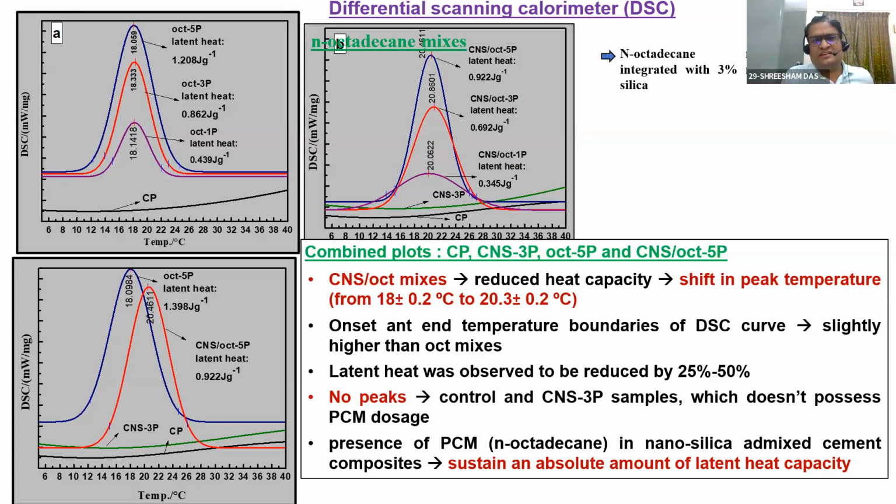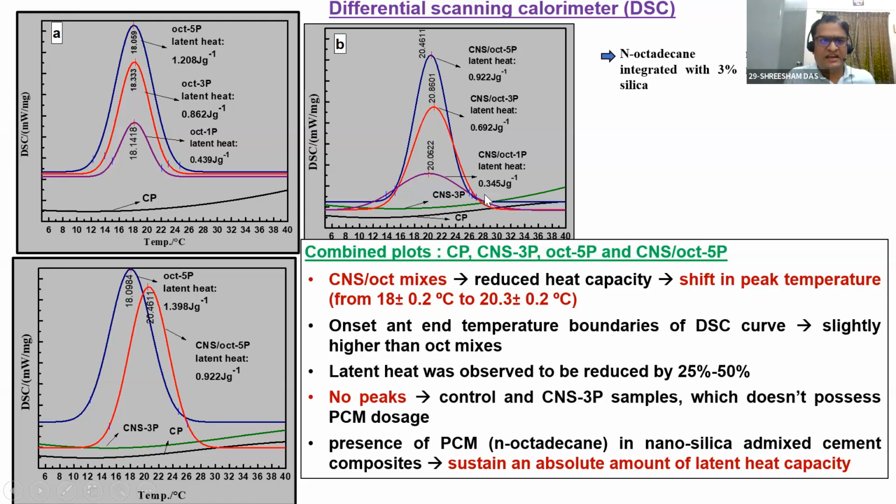So this is the same thing that I told you. Basically, I am going ahead with this, my CNS 3% plus 1% silica. This is 3%, 5%. You can see if you compare both the things here, my peak was very sharp, but the moment I am adding nanoparticles, my peak is getting a little flattened.